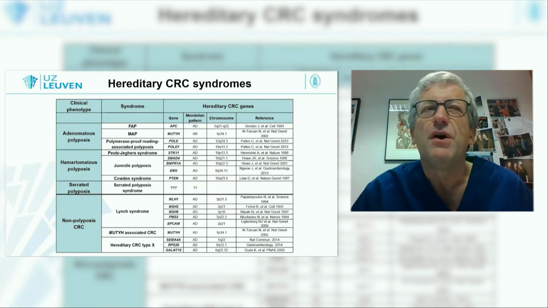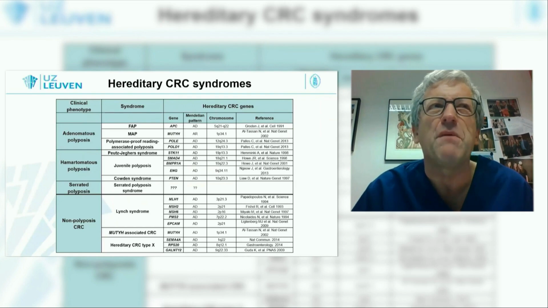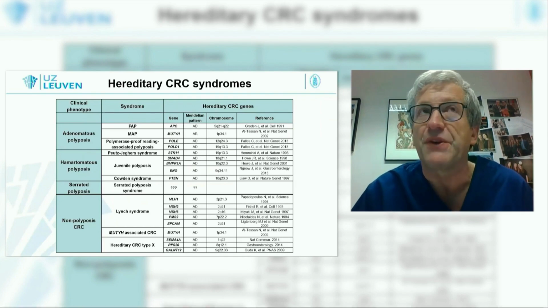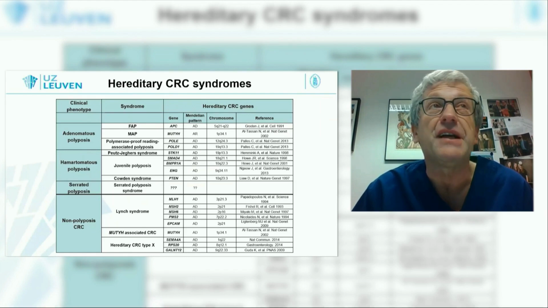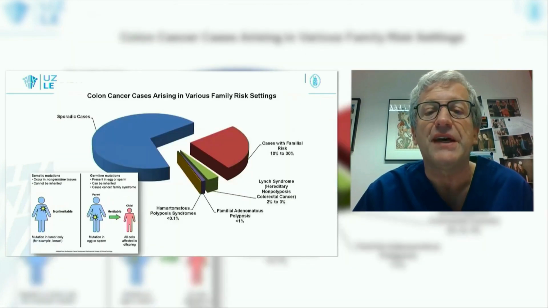So an endoscopist should have clear knowledge of important aspects of some of the hereditary syndromes. And you see here a complete list of some of the hereditary syndromes with some of the genetic alterations that are linked to them.